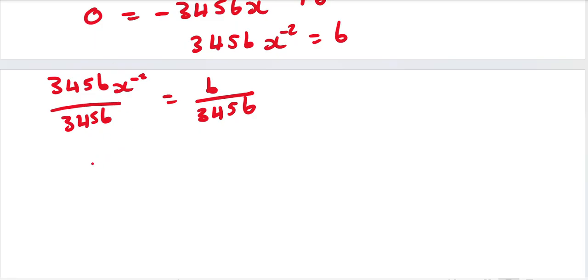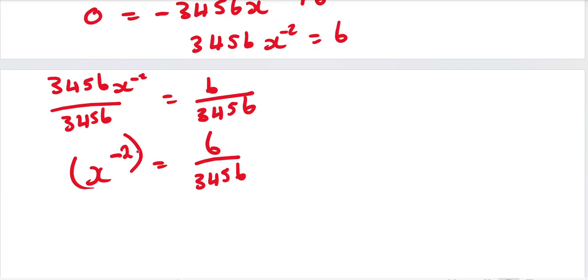And then we are left with x to the power negative 2 is equal to 6 all over 3456. Here we're going to multiply by negative 1 over 2, and we also multiply the other side by negative 1 over 2.